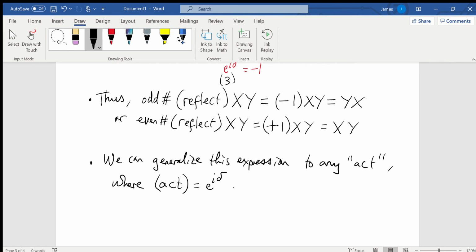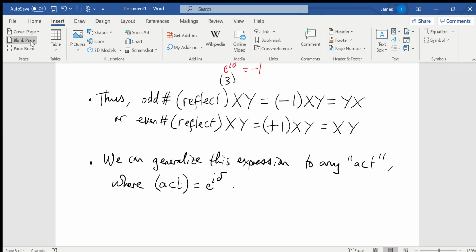So we're going to generalize that to any act, because so far we've just been saying the word act. We kind of implied with the first example that here act was a reflect act, but it doesn't have to be, as we'll see now.